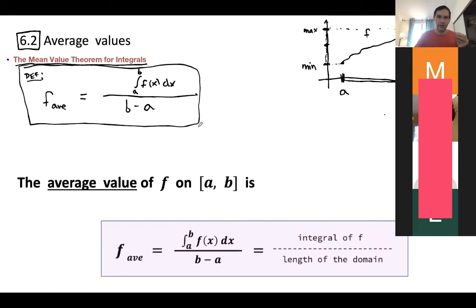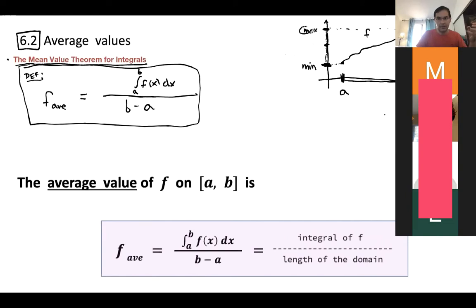That's the formal definition, but how do we think of this? Think of it this way: you have some function f defined on some closed interval from a to b. That's just one example, but it can support our intuition of how to think of the average value. The function has somewhere a minimum value, and on the other extreme, a maximum value.